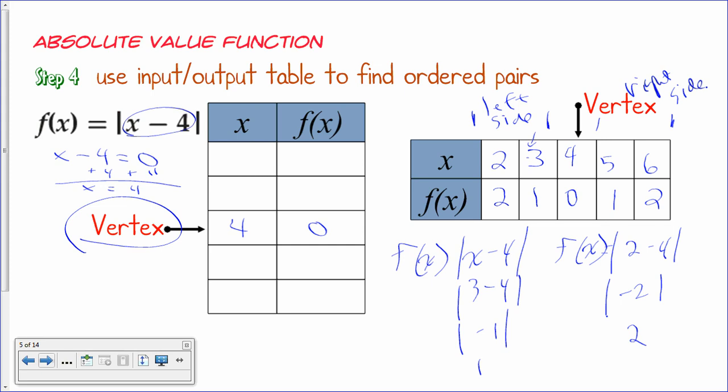Okay, so my ordered pairs are what? 4 and 0. 3 and, I probably should do it over here. 3 and 1. 2 and 2. What is it on the right side? 5 and 1 and 6 and 2.